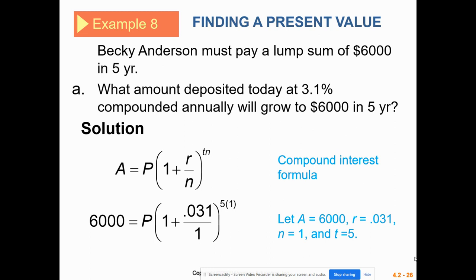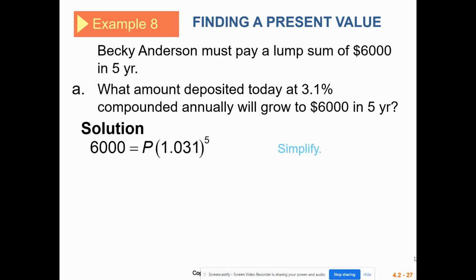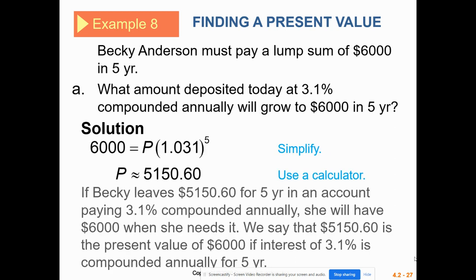It's still not an exponential equation, but it's not one that's too difficult to solve. We are going to divide 6,000 by 1.031 to the 5th power, and you should get $5,150.60. So if she leaves that in an account for 5 years that earns 3.1% interest, she'll have the $6,000 when she needs it.